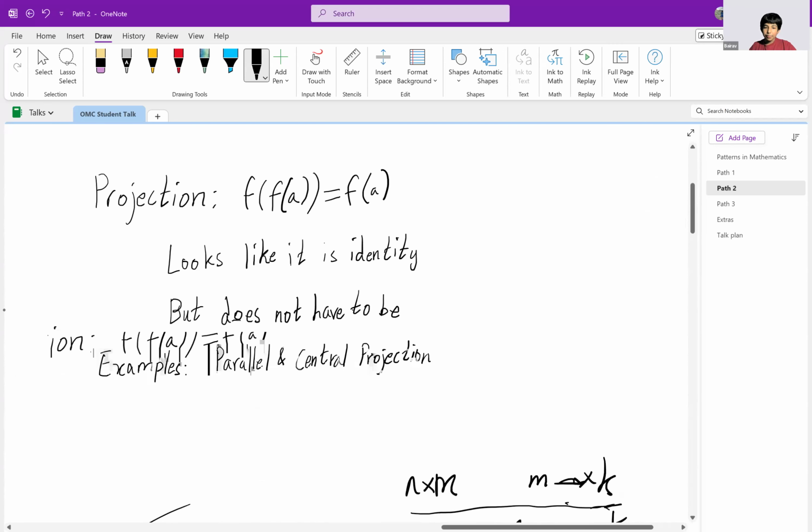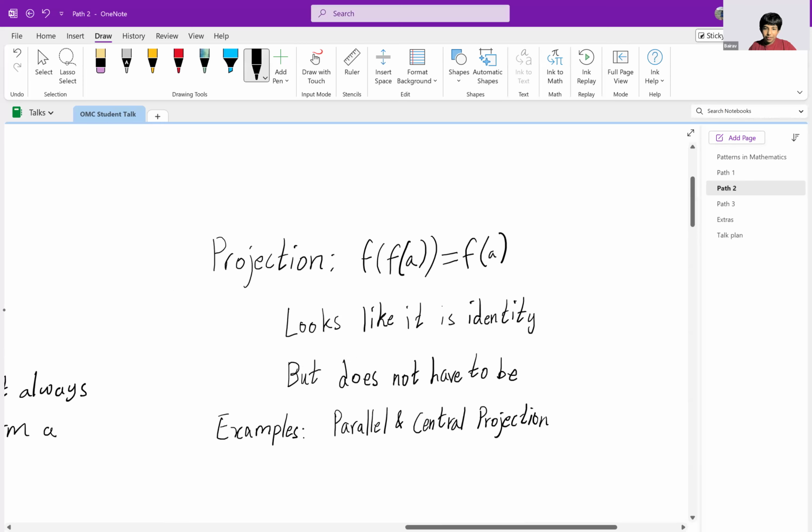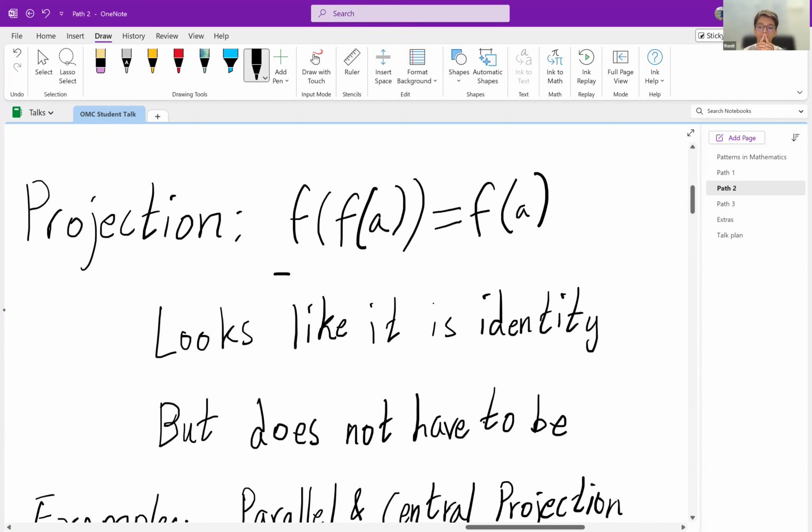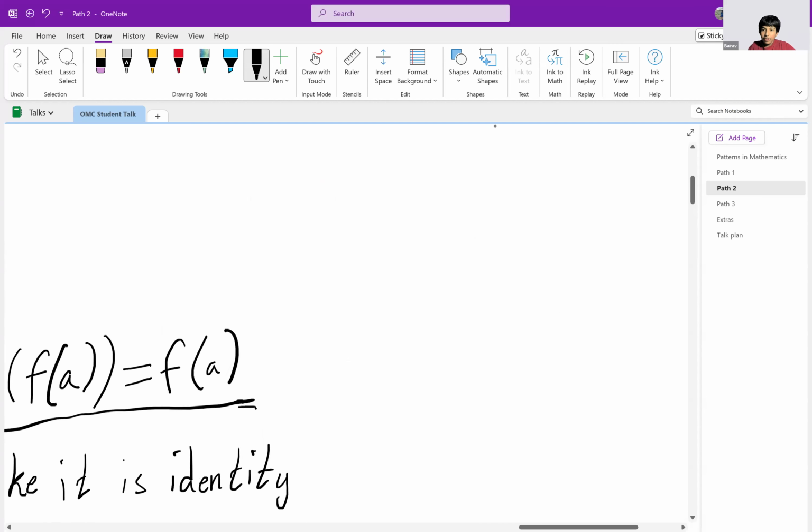So now we'll look at projections. What it is that if we look at its range, it has to be fixed at range.